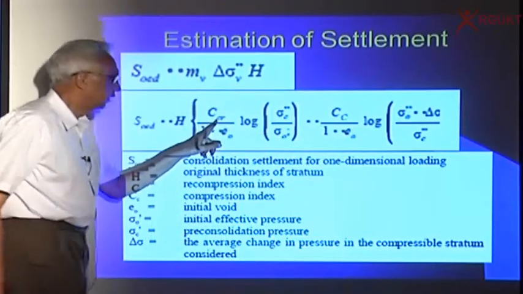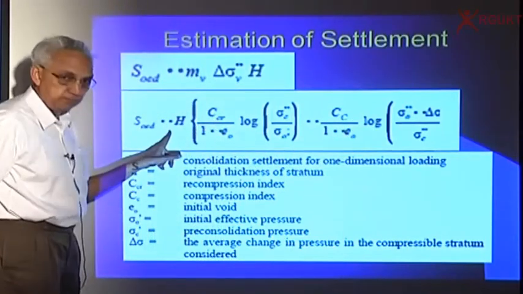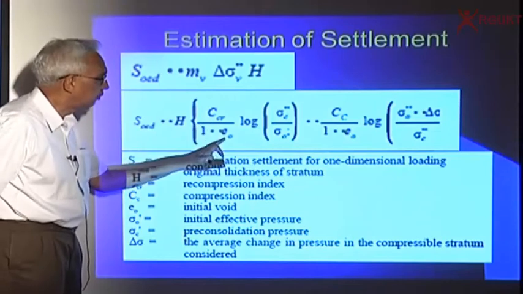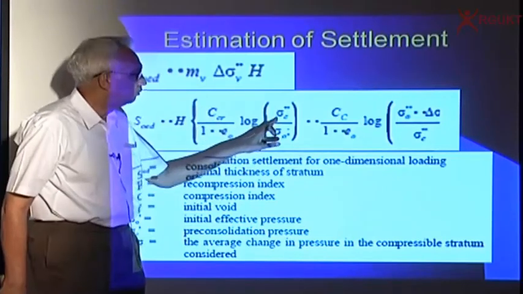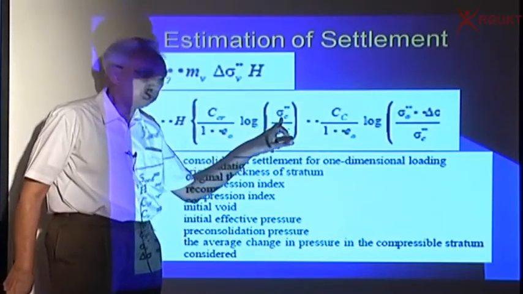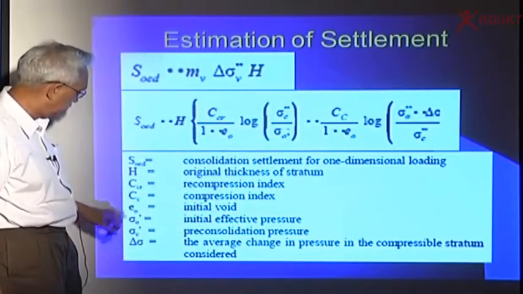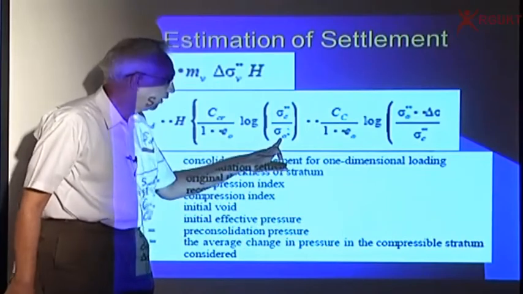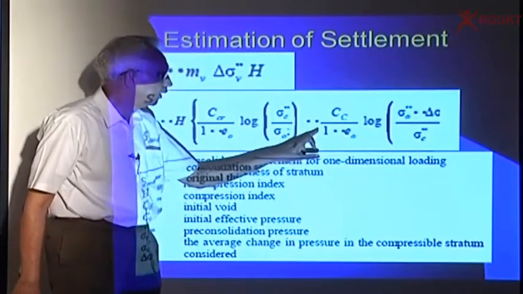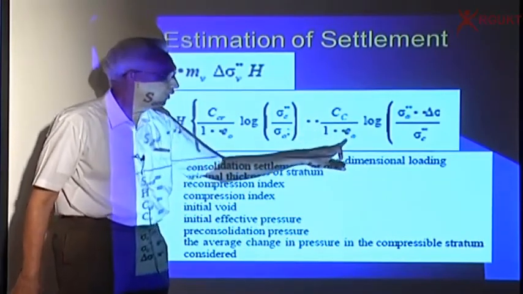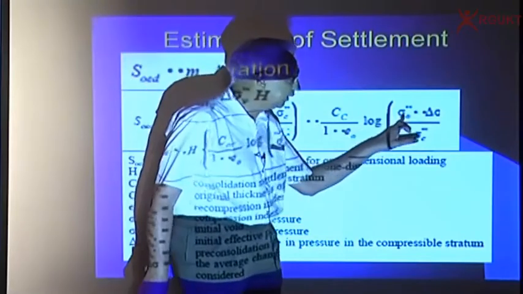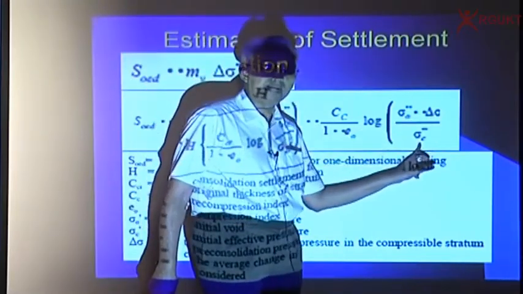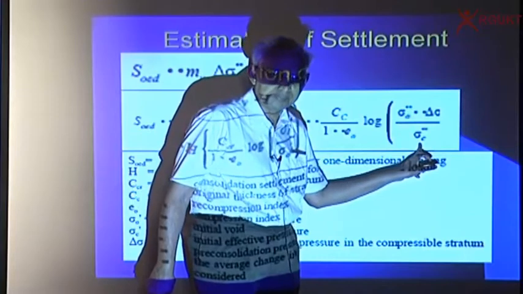This is using CR, H into thickness, which is common, CR by 1 plus e naught, log of sigma dash c, which is the maximum consolidation stress, here the pre-consolidation pressure, divided by the initial effective stress, plus CC by 1 plus e naught, log of the initial plus the increment divided by the maximum consolidation pressure.